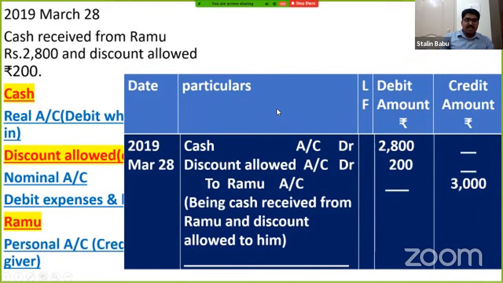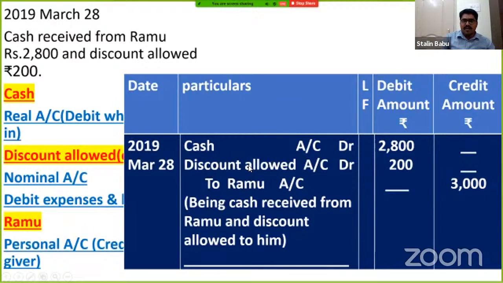Dear children, if you observe this transaction, I want to share one technique here. Discount allowed or discount received always follows the cash. If the cash account is credited, the discount account is also credited. If the cash account is debited, the discount account is also debited. Here discount allowed is an expenditure, discount received is an income, but the discount account always follows the cash account.